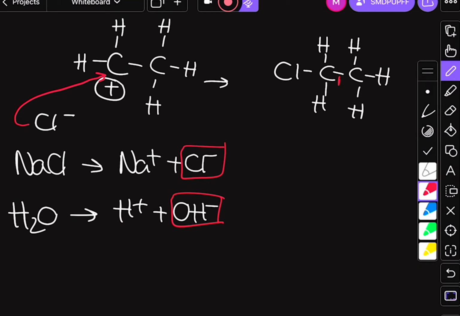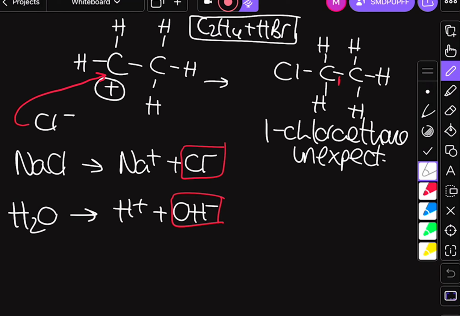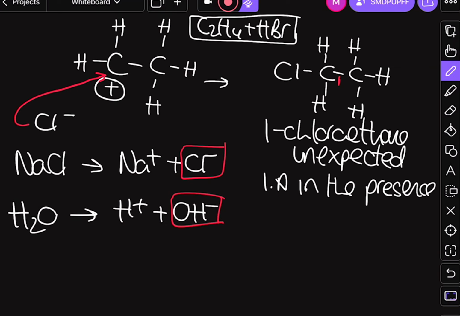This would become first carbon for our naming, so we would make 1-chloroethane, which is an unexpected product if we have C2H4 plus HBr as our reaction. Then this is unexpected, it shouldn't form. It does by ionic addition in the presence of chloride ions, of Cl minus ions.